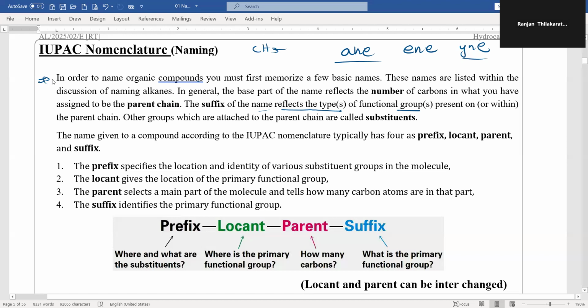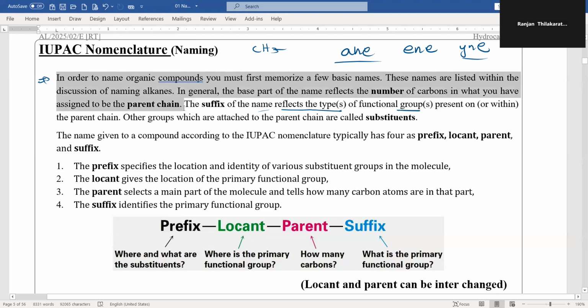In general, in order to name the organic compounds, you must first memorize a few basic names. These names are listed within the discussion of naming alkanes. In general, the base part of the name reflects the number of carbon atoms in the particular compound's parent chain. Right?